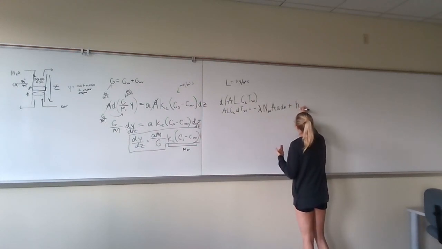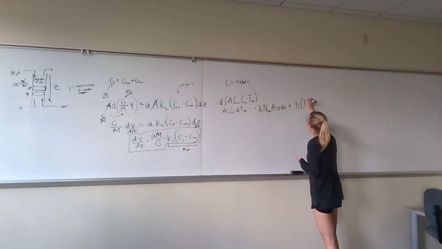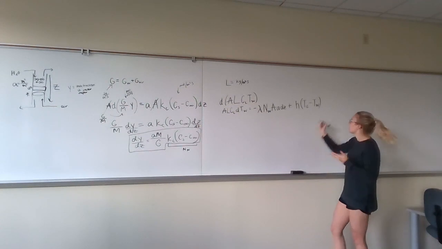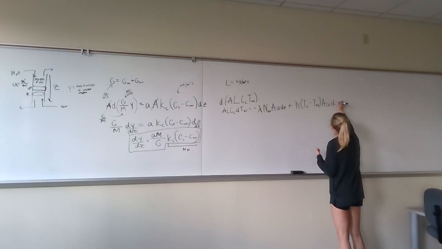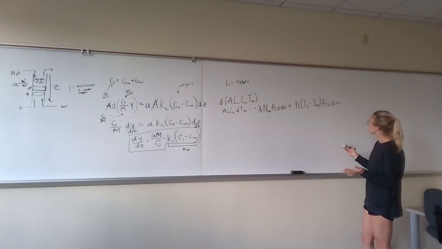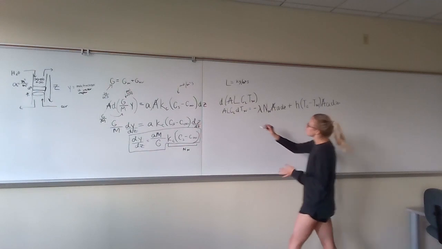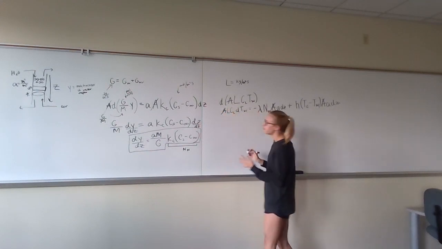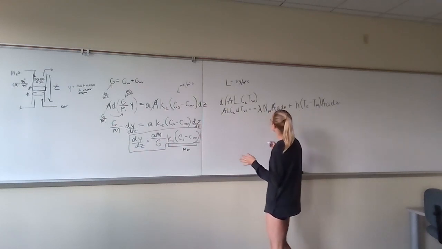So we have the heat transfer coefficient H times the temperature of the gas minus the temperature of the water. We also need to multiply all of this by the area, the specific area, and the thickness as well. So now we have all of these. The area terms cancel out, and we can solve for the change in the temperature of the water with respect to position.